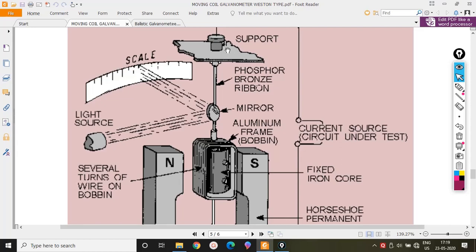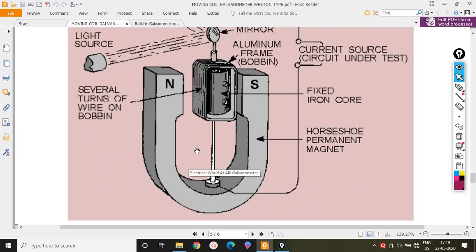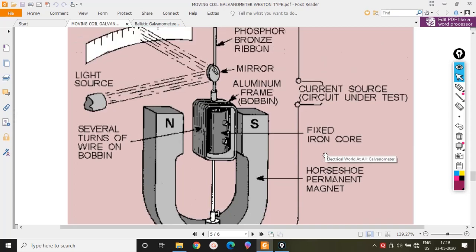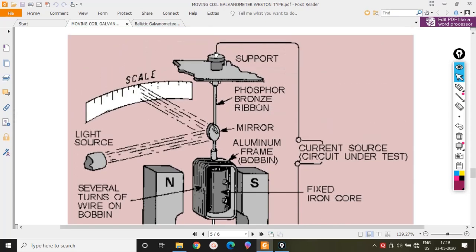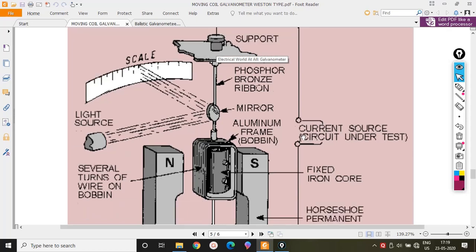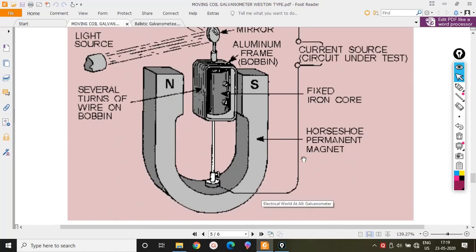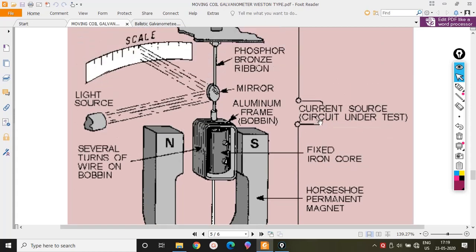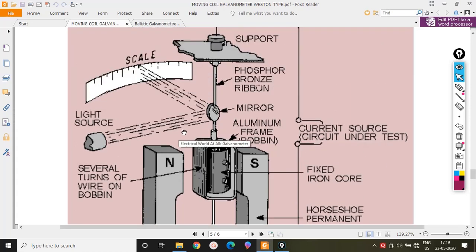And here you have the rigid support showing in a much better way. Then this side the spring is not shown, but one connecting screw is also there. So the connection comes from this torsion head wire, external wire, to this bottom here, current source circuit under test.